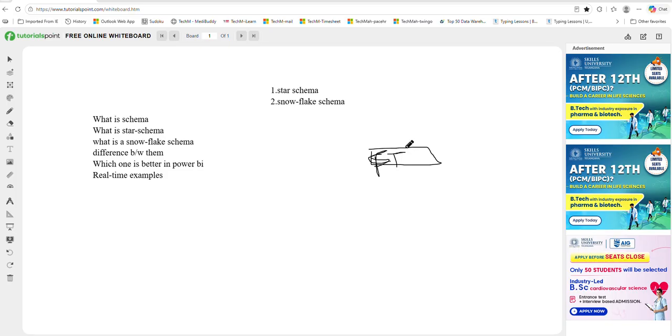Now, surrounding tables will also be there, connected with one column. Those are the dimension tables. There can be many dimension tables, but the fact table is always only one table.